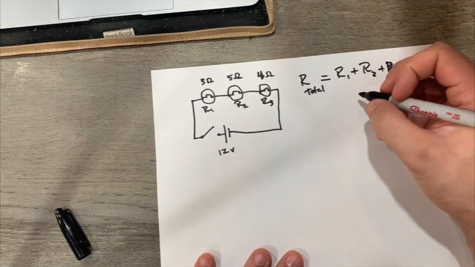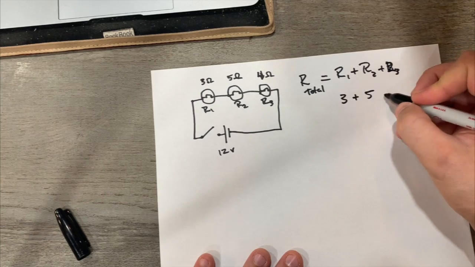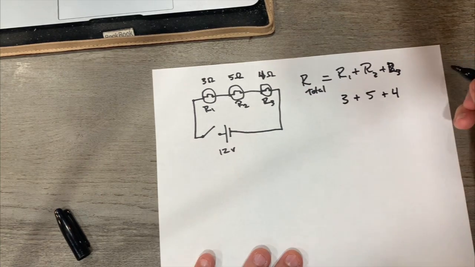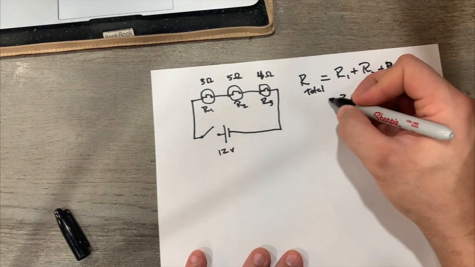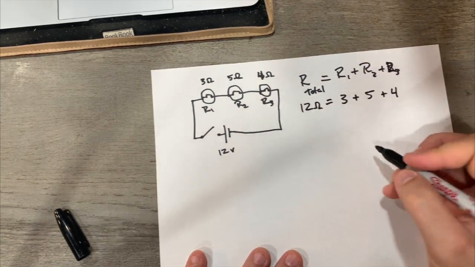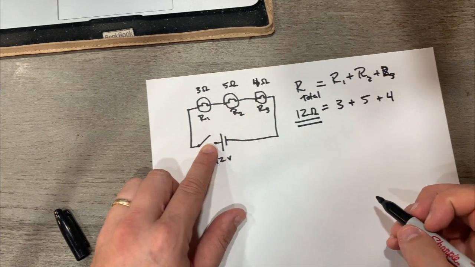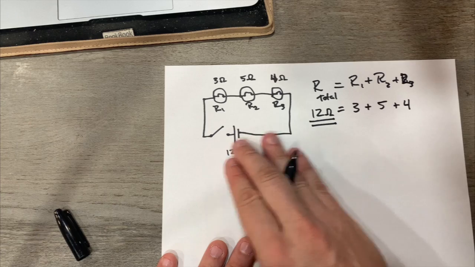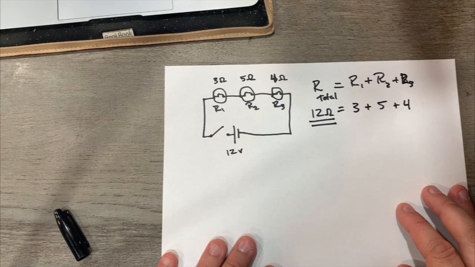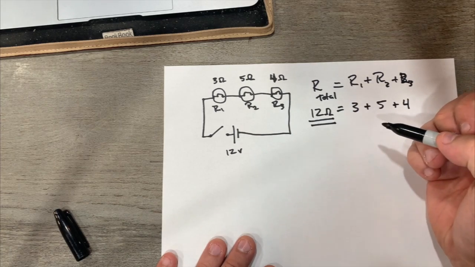So the first one was 3 ohms plus the second one, which was 5 ohms, plus the third one, which was 4 ohms. And for this, we will determine that the total value is 12 ohms over the course of the entire series circuit. So this is real straightforward, very simply how we find resistance over a circuit that is in parallel.